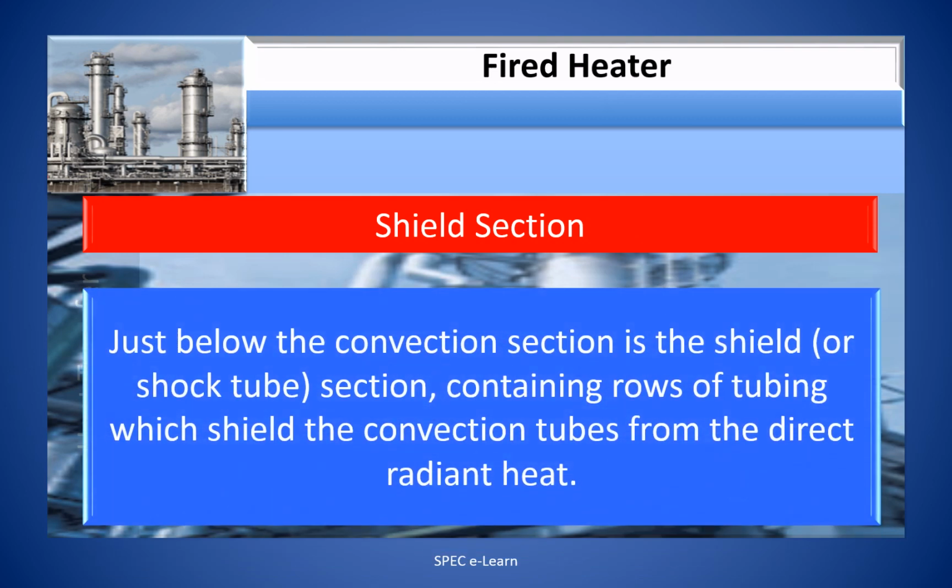Shield section. Just below the convection section is the shield or shock tube section containing rows of tubing which shield the convection tubes from the direct radiant heat. Typically there are 1 or 2 rows of tubes just below the convection section.